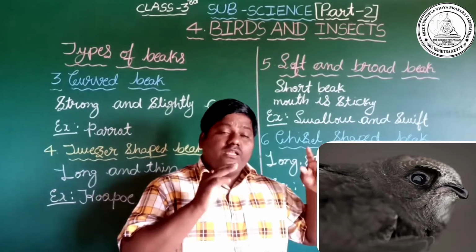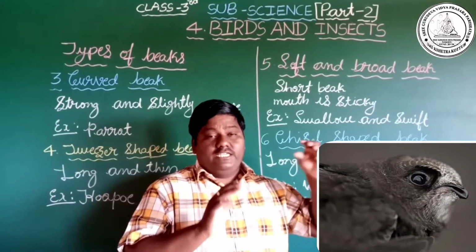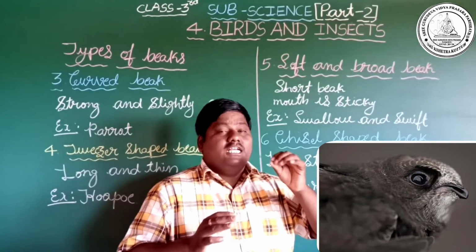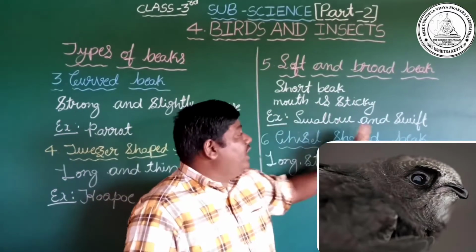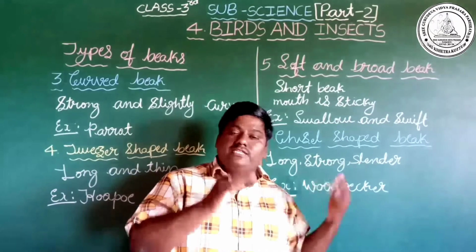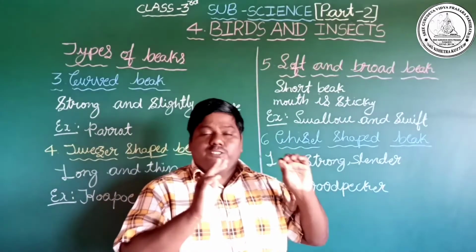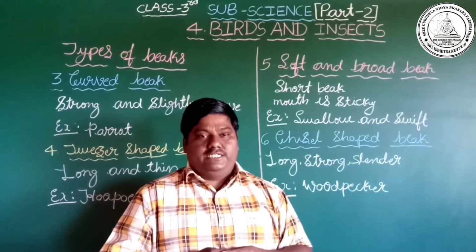Automatically the insects flying in the sky get stuck in the mouth of the swallow and swift. In this way the swallow and swift use their beak to eat insects.